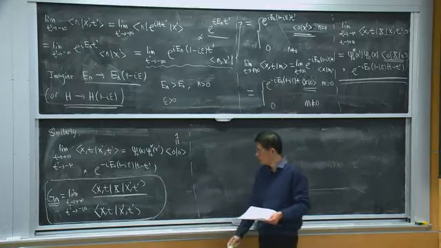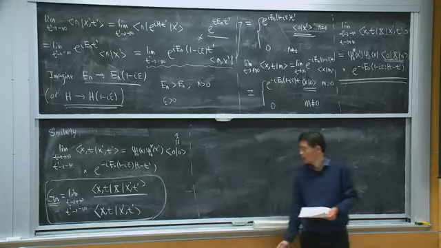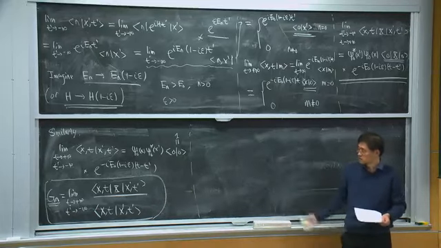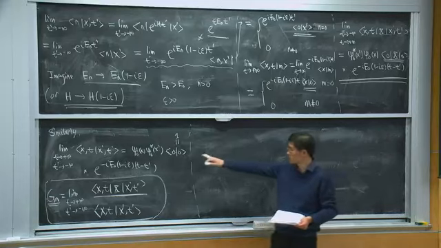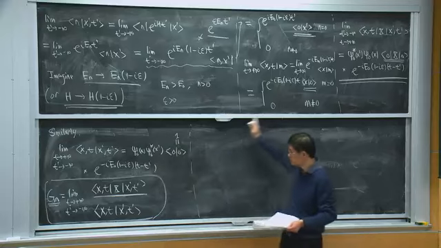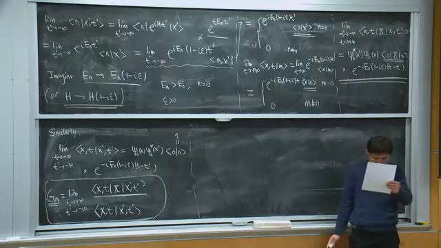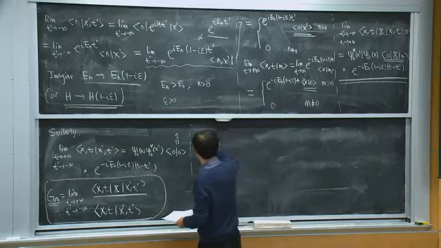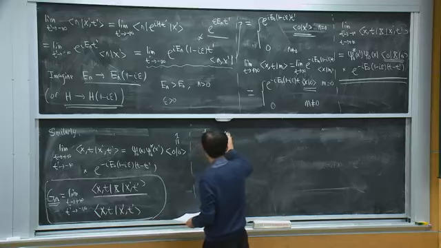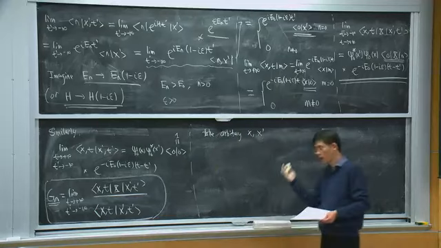So all those factors canceled. You don't need to know the ground state wave function. You can just perform that path integral. And in principle, you can take arbitrary x and x prime.